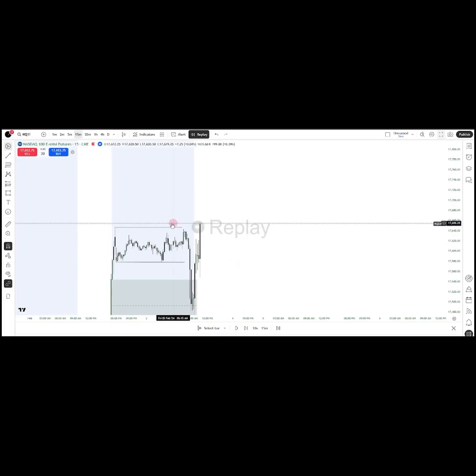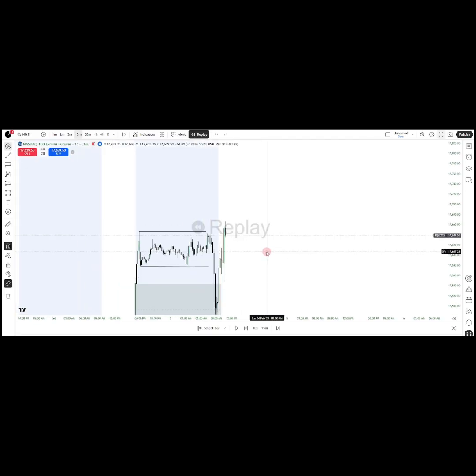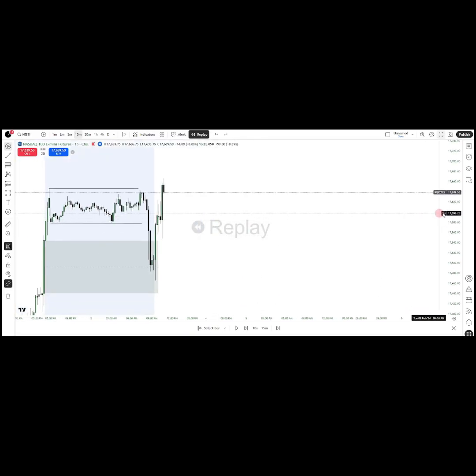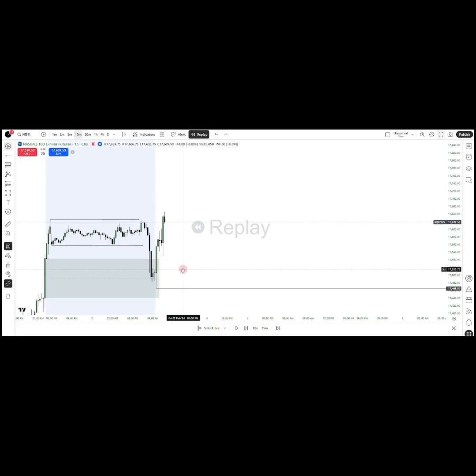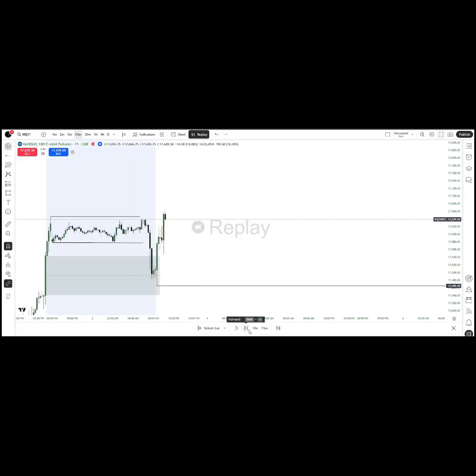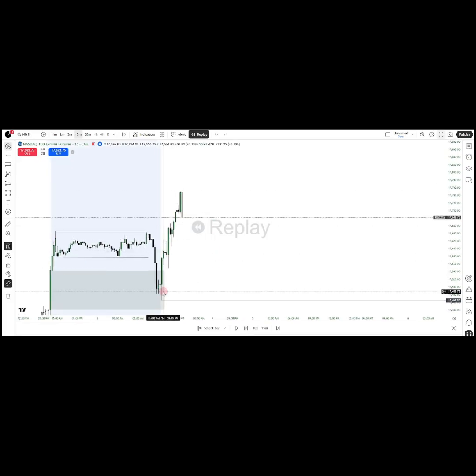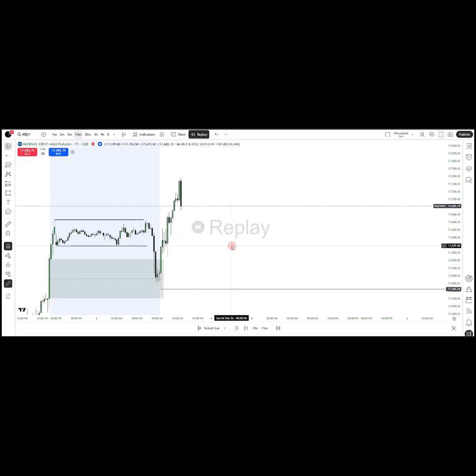And what does price do? Takes out this high now. Now my next focus is going to be on this low right here. The reason I say this is because we were getting rejection out of this high. So let's see what happens. So price fails to break down below this low.